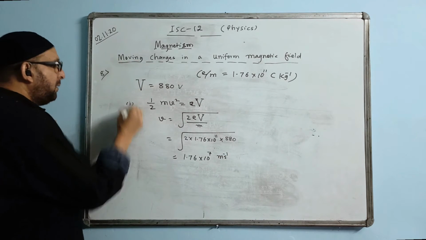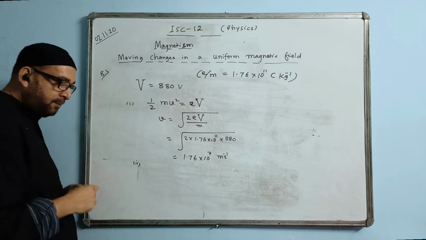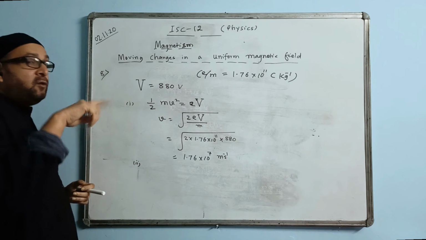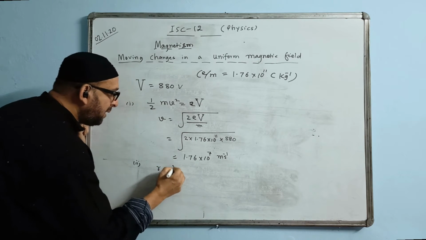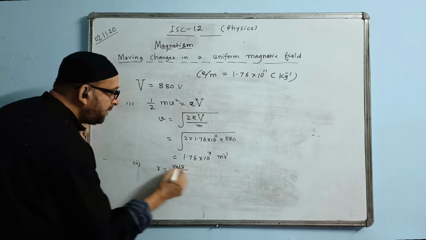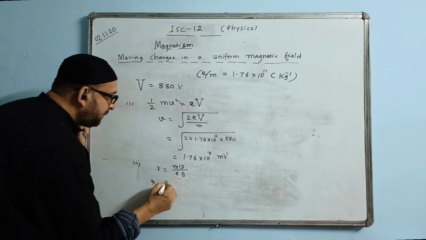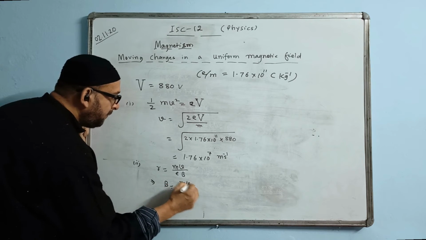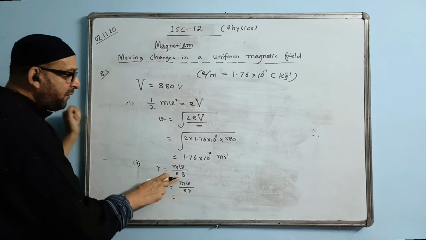This was part 1. Now part 2. You have to find the value of magnetic field. So R is equal to mv by qB, radius is given. Instead of q I write here e. Making B the subject of formula, the value of B will become mv by eR. How to take the value of m by e?